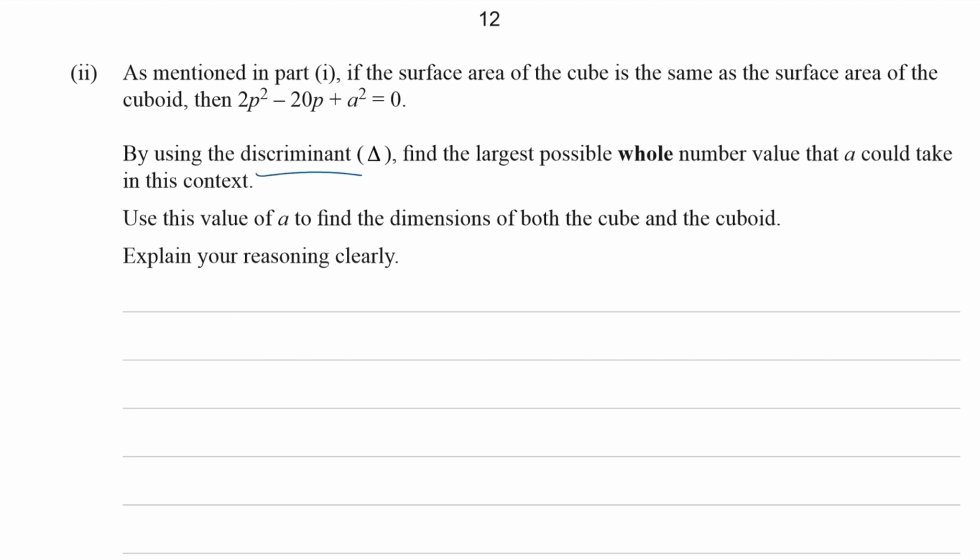Remember that's b squared minus 4ac, where a is 2, b is negative 20, and c is plus a squared. For there to be valid solutions, we want the discriminant to be greater than 0. So let's plug in a, b, and c.